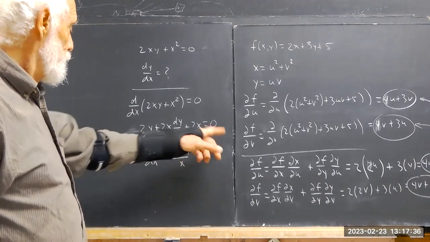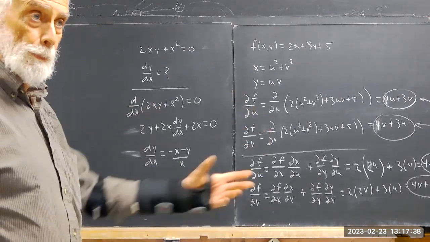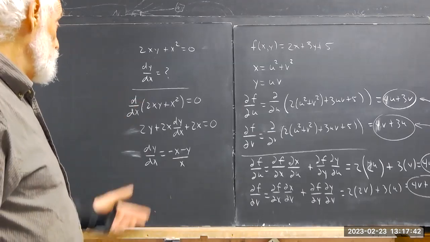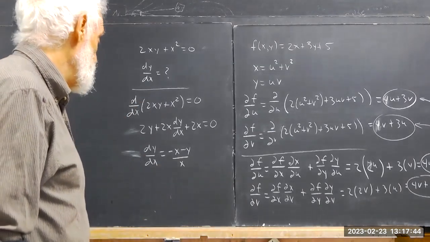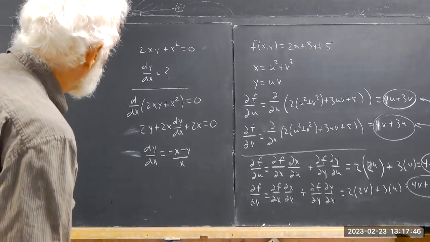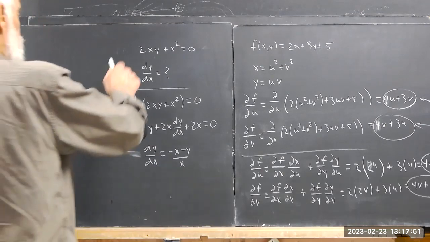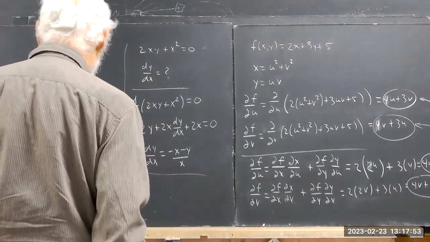I just move these over to the other side to make them negative and then divide by 2x. The 2's all divide out, and I get this. Well, that's just one example of such a quick differentiation.